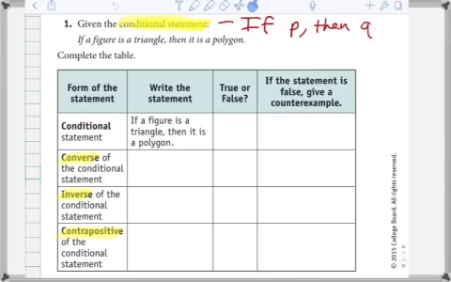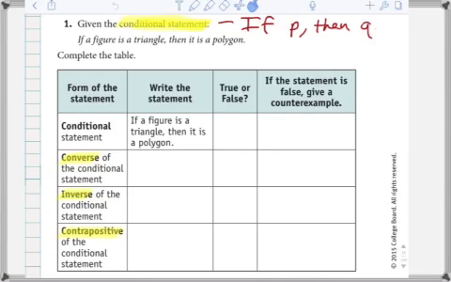The first thing we're going to look at is this statement: if a figure is a triangle, then it is a polygon. I guess the first thing to do is to remind you of just what a polygon is.